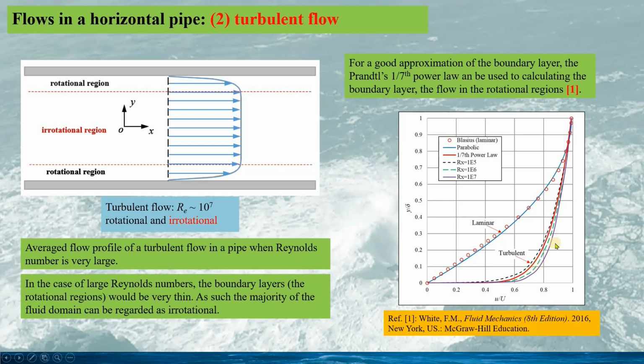See this boundary layer profile for the turbulent flow. We can see here Prandtl's 1/7 power law can well represent the boundary layer for the turbulent flow, and the combination of the potential flow in this region and the boundary layer would provide a simple solution to this problem.